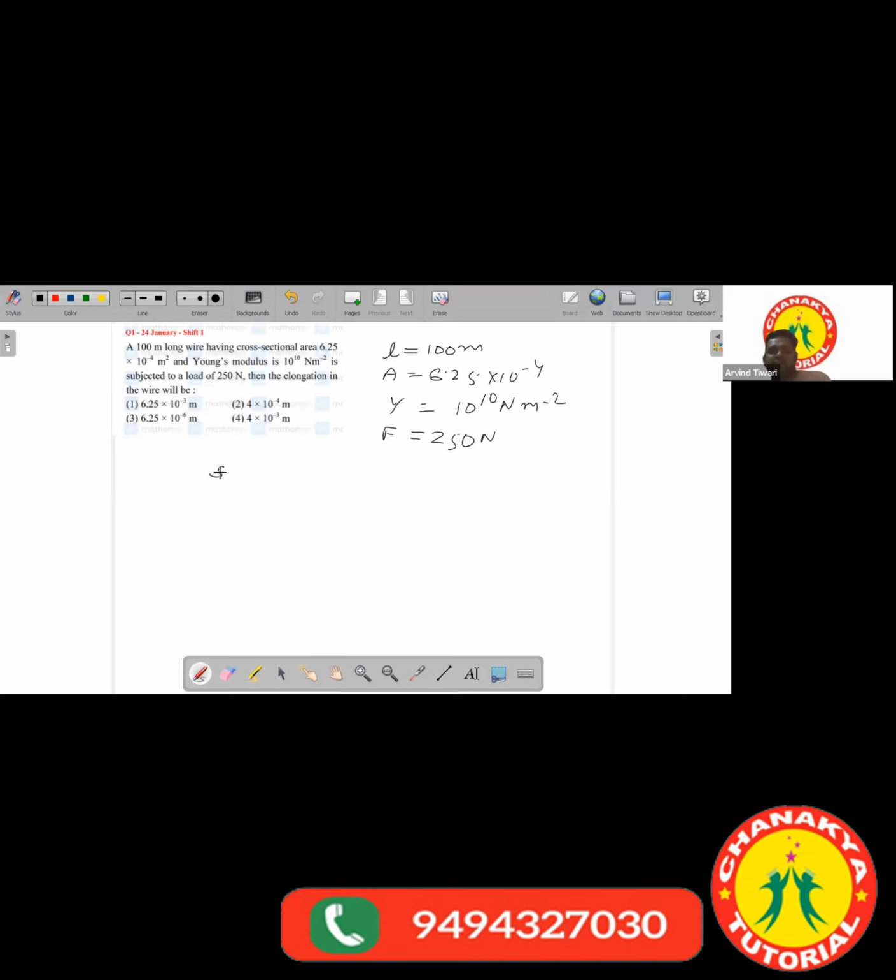Stress is equal to force per unit area. Stress will be equal to 250 divided by 6.25 multiplied by 10 to the power minus 4. So you will be getting 250 over 625 multiplied by 10 to the power 6.